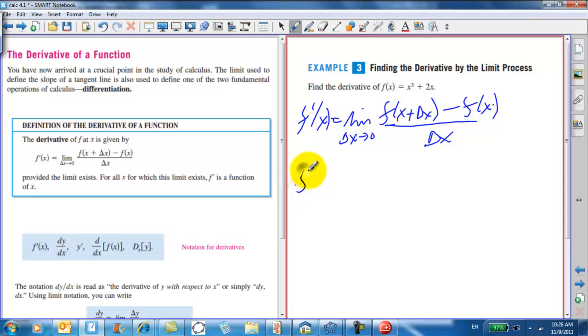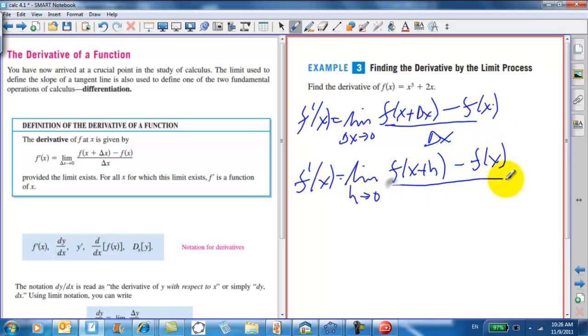Now I'm going to switch to h, only because the delta x can be tedious, and a lot of you preferred this when we were working out the limits on WebAssign last chapter, and this works just as well. h is a little easier to write than a delta x, and a little easier to do the algebra on. So you get the limit as h goes to 0 of f of x plus h, so it's x plus h cubed plus twice x plus h.